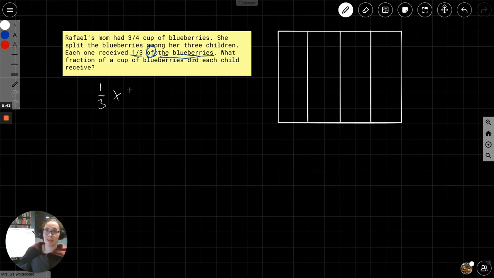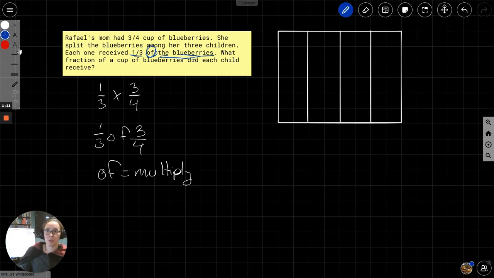And how many blueberries do we have? 3/4 of a cup. That is the equation we're trying to solve, and it is read as 1/3 of 3/4. Of equals multiply.